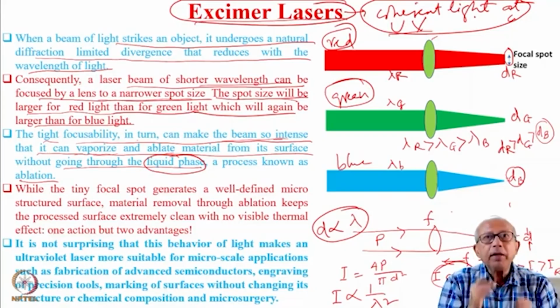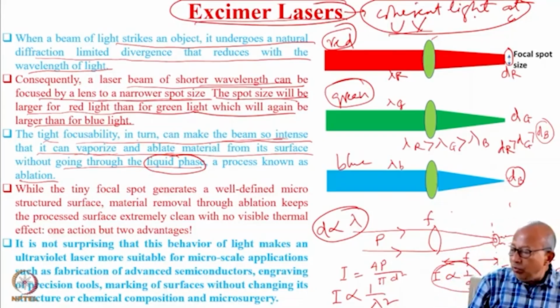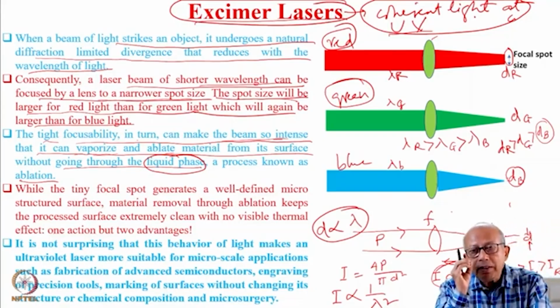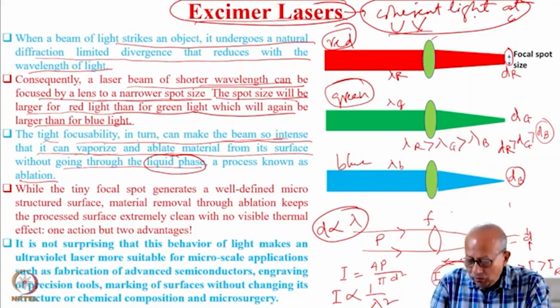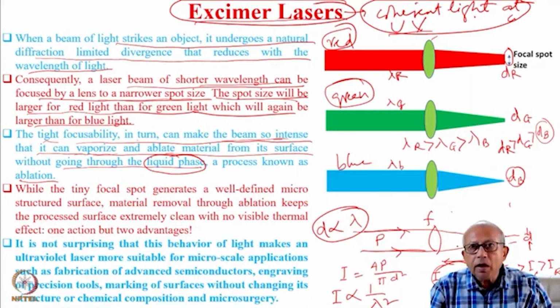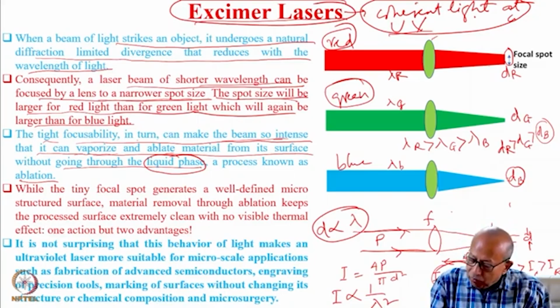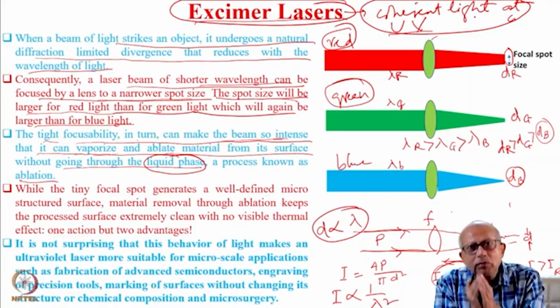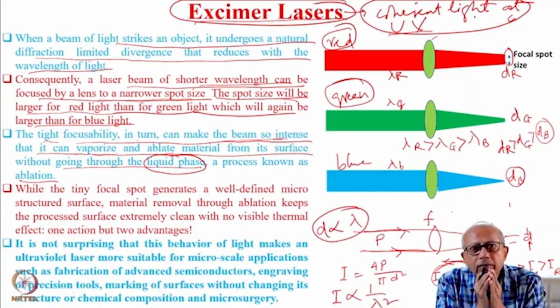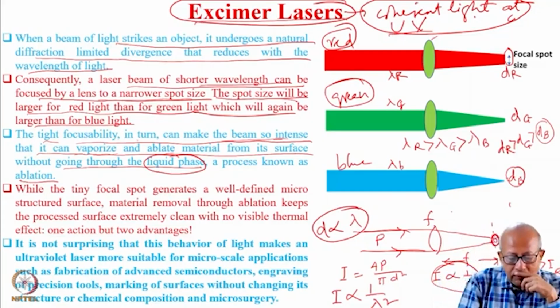But there is another very important point here. You can increase the intensity in two ways. Either you increase the power, and then intensity will increase. Or you increase the intensity by reducing the focal spot diameter, that means you make the focal spot smaller and smaller. What is the advantage?